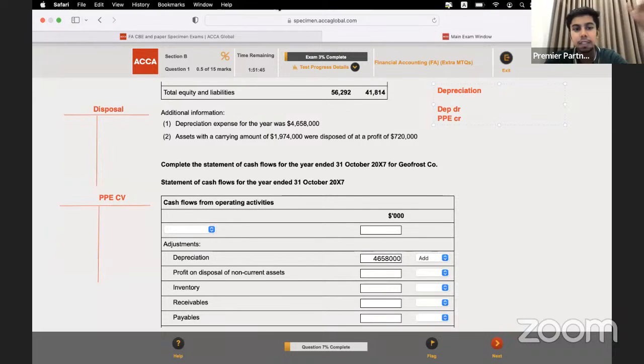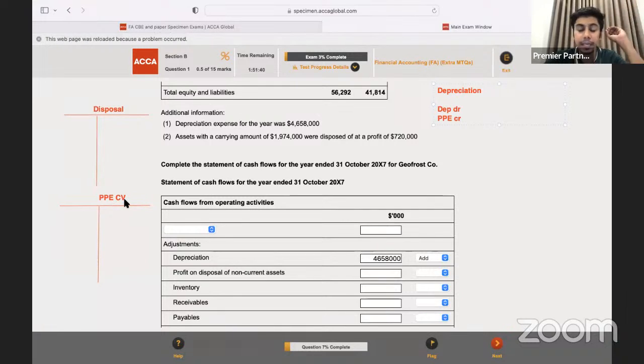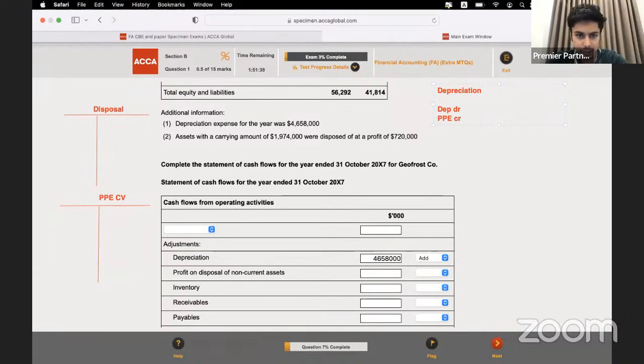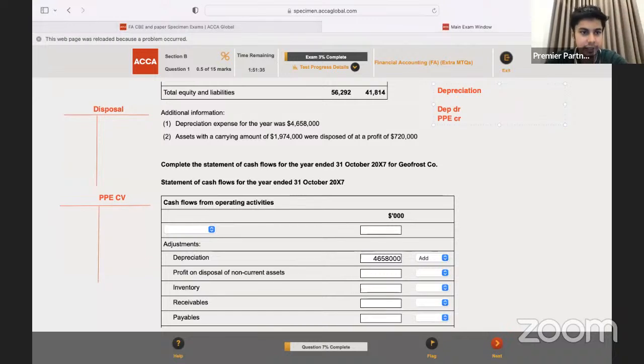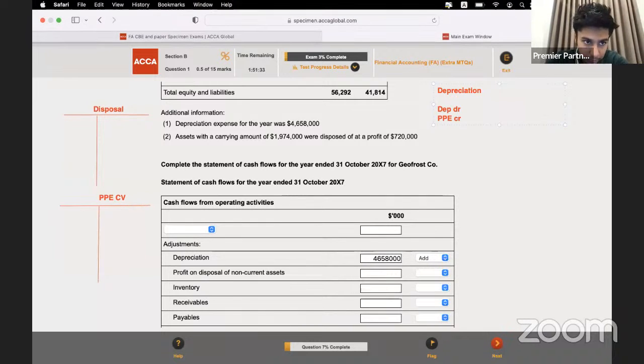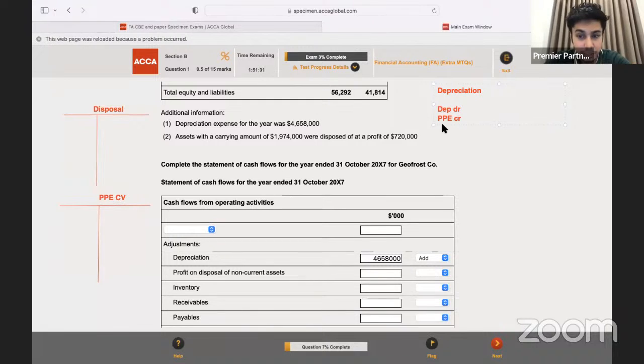That's the first thing that you should know if the asset is held at carrying value. Understood, guys? Rule number one, make sure your depreciation is credited to the PPE account. So we had a depreciation now, guys. So I'm going to now credit that to my PPE account over here and show it to you. Depreciation 4,568,000 without the zeros.